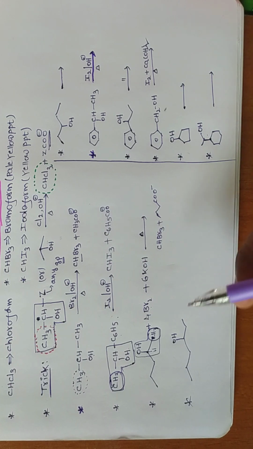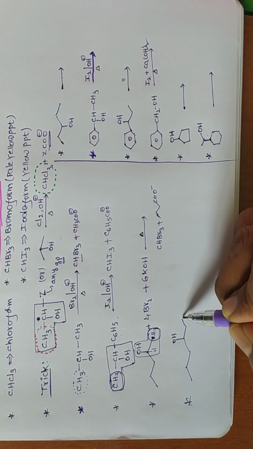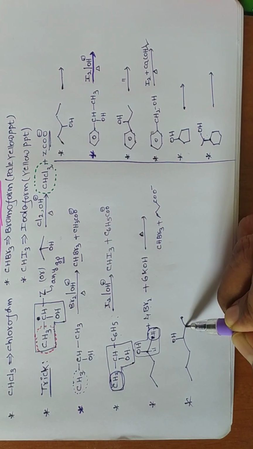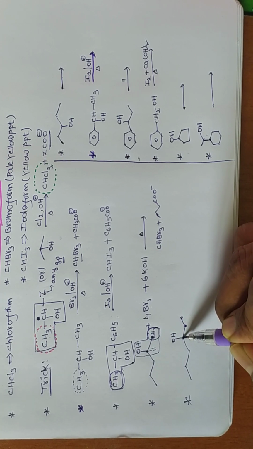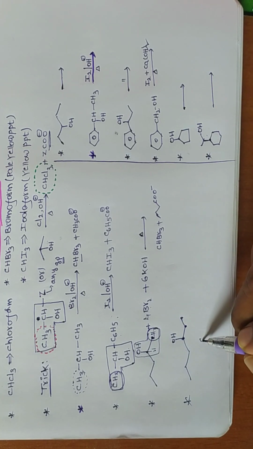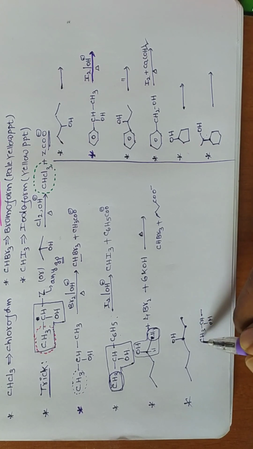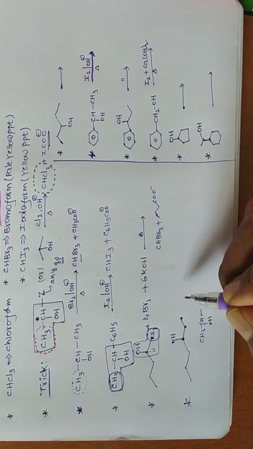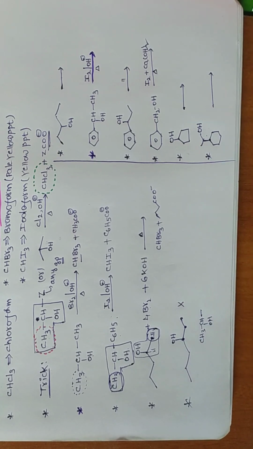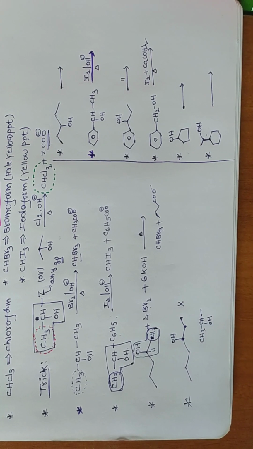Now will this compound give the haloform test or not? So now this is CH3CH2CHOH. This is not containing the CH3CHOH group. This group is not present in this compound, so therefore it won't give the haloform test. It will give a negative test.